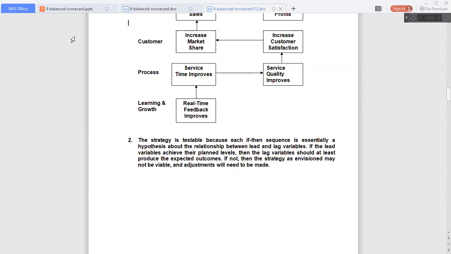If not, the strategy as envisioned may not be viable and adjustments will need to be made. Okay, so let's end our discussions here. So, meaning you have to include this chapter in your studies. Okay?